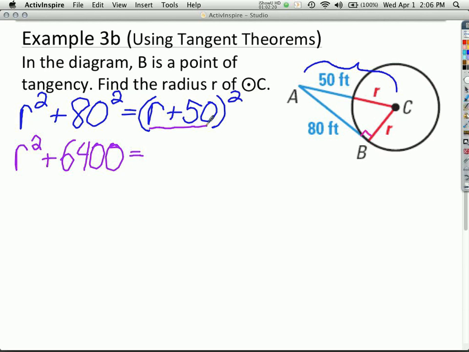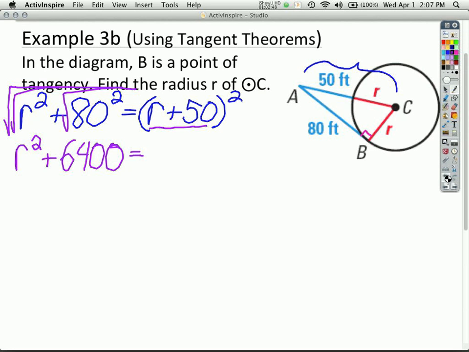Go ahead, Catalina. Can't you just do the square root of both sides? You can't, because square roots do not work like division. Doing that is not the same thing as doing the square root of one and the square root of the other. No, I mean, because they all have the square sign at the top, like the r squared.